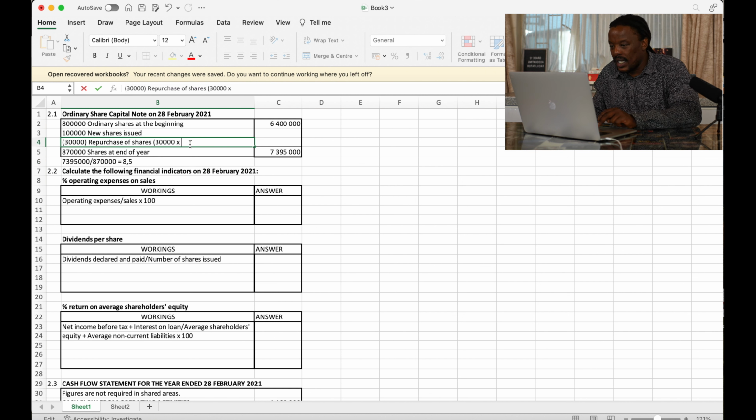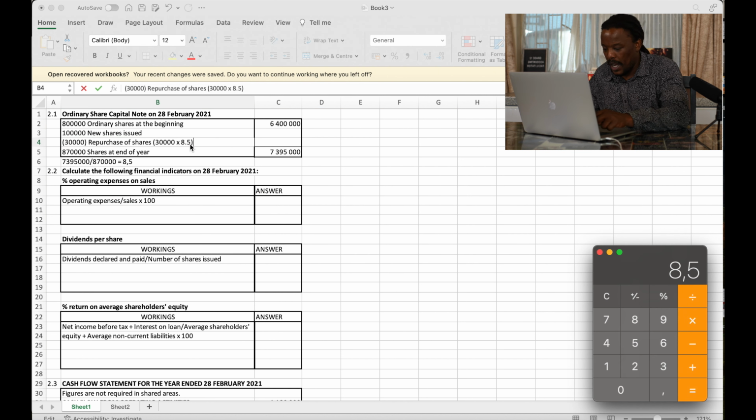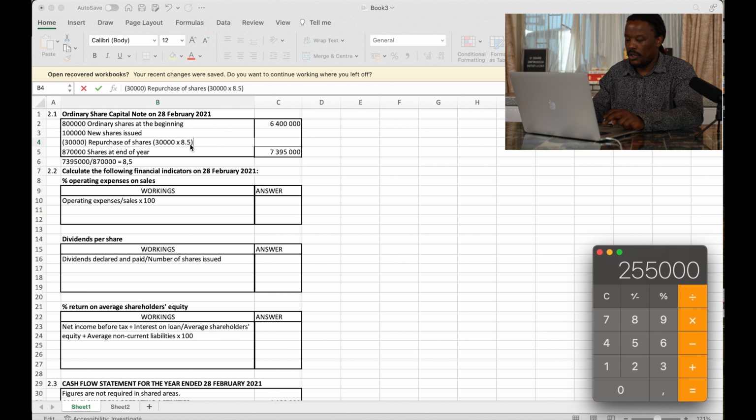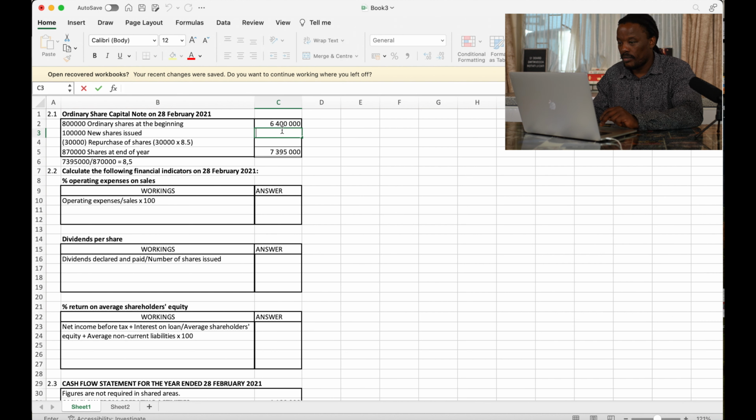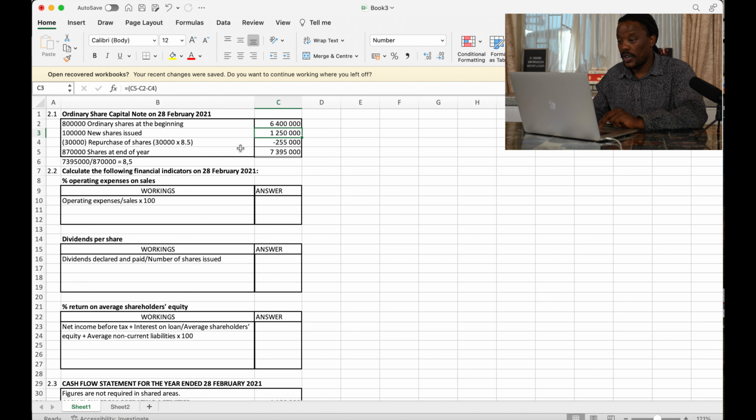So now this should be multiplied by 8.5, which is 8 rand 50. 30,000 multiplied by 8 rand 50 gives you 255,000. And remember, it's always a minus. We solve this simultaneously: x plus y equals z.